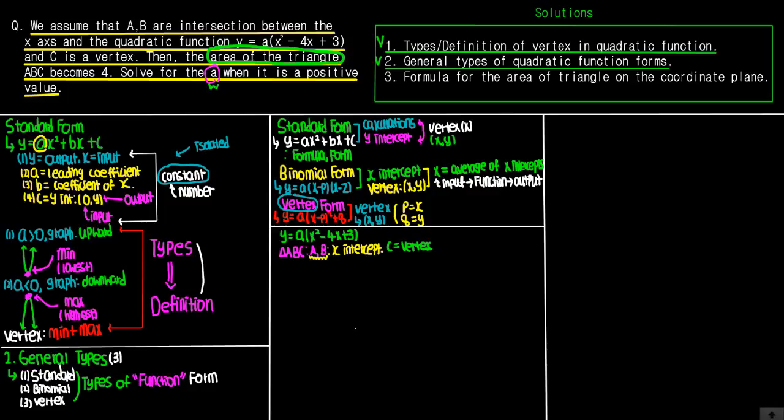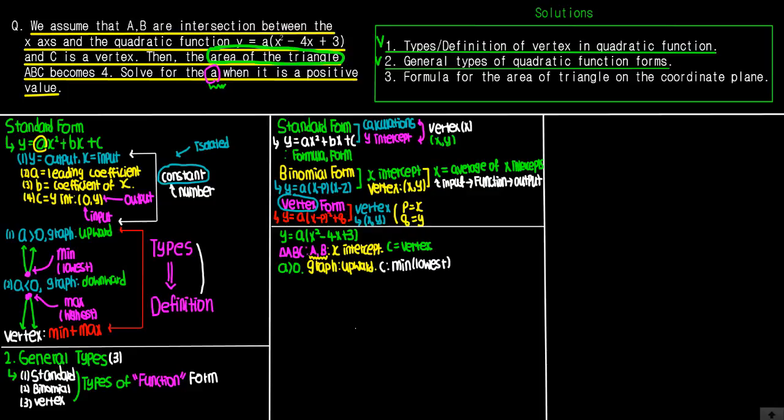They said a, which is our leading coefficient, is greater than 0, which means the graph of our quadratic function opens upward. The c value, which is our vertex, is going to be the minimum point on our quadratic function, or the lowest point on our graph.